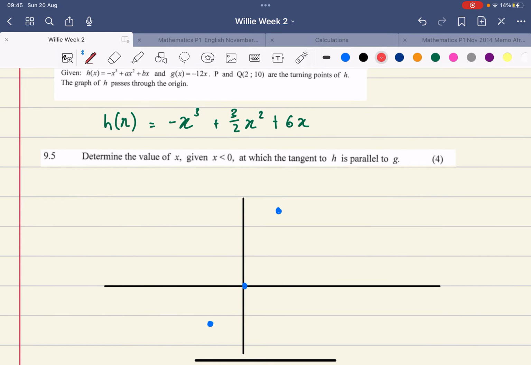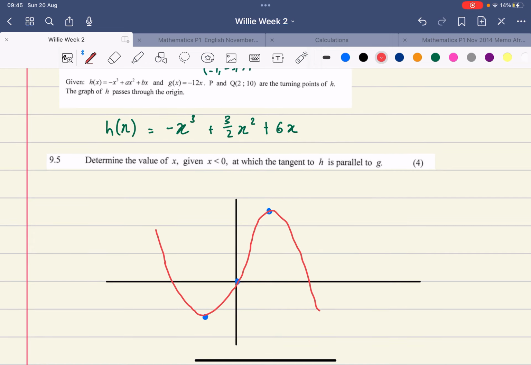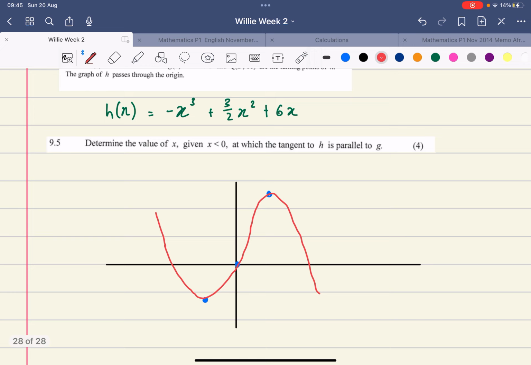So the graph will look something like that. And we also have g of x, which is just minus 12x, which is just a simple negative straight line. What they're asking us is we need to find a tangent line on h of x.